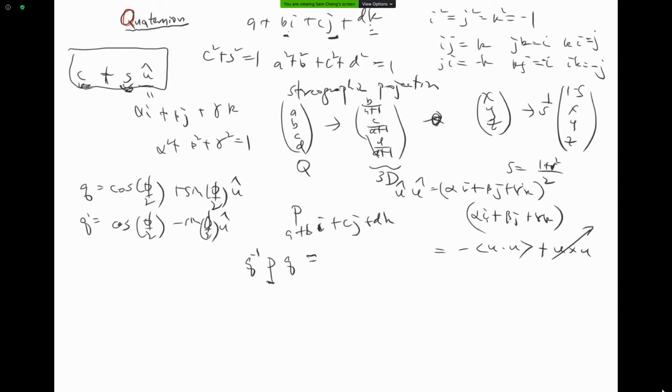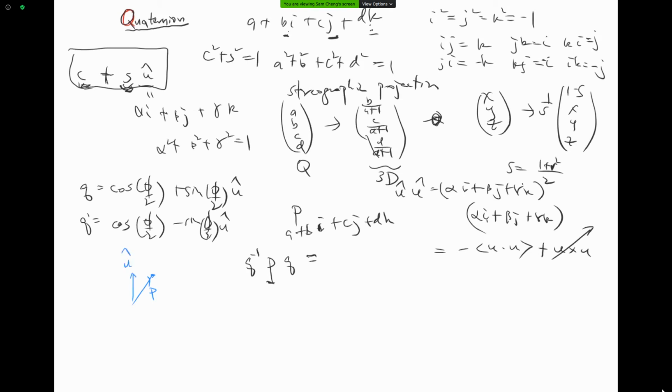So basically my p here, if I consider it in a three-dimensional space, let's say I have, maybe I draw here, maybe even use a different color. So let's say I have some point p here, and let's consider u is somewhere here. This is u hat here.